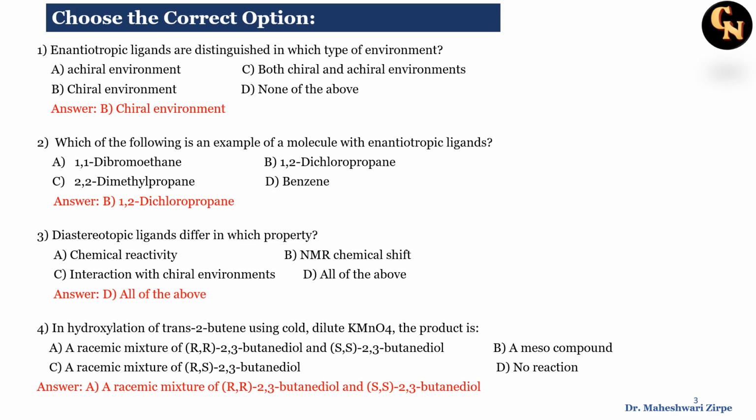Now next one is, in hydroxylation of trans-2-butene using cold dilute KMnO4, the product is dash. So here we are doing oxidation, that is hydroxylation of trans-2-butene. While we were studying our question answers, we have already done this question.